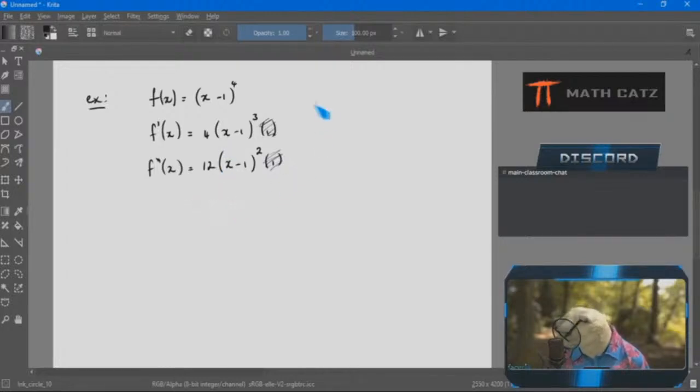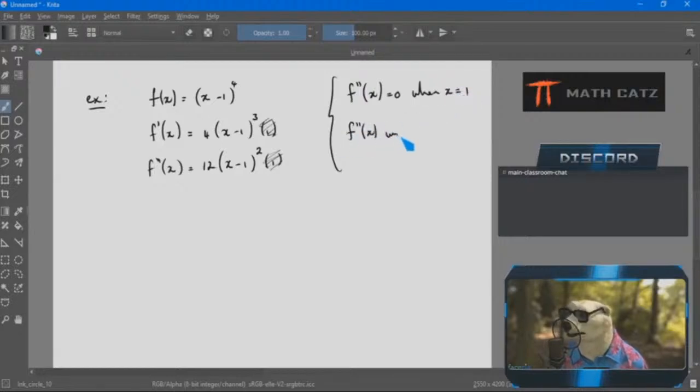So there's my second derivative, not complicated at all. I'll do it over here. Second derivative is clearly 0 when x equals 1, and the second derivative is undefined never, it's a polynomial.